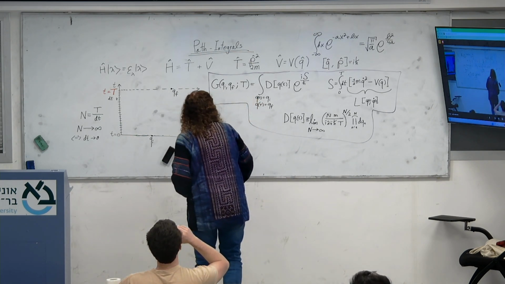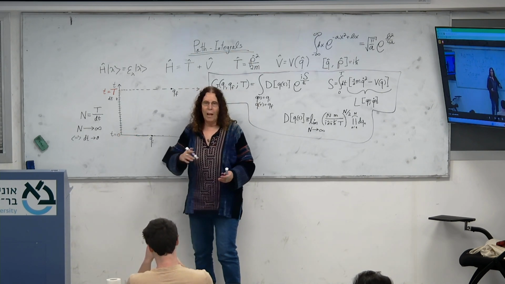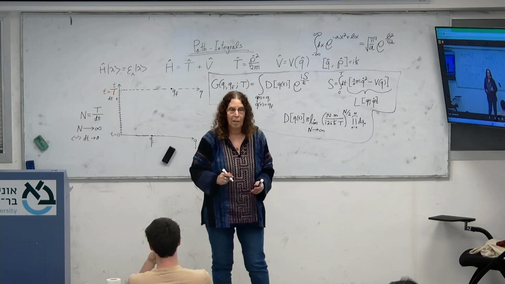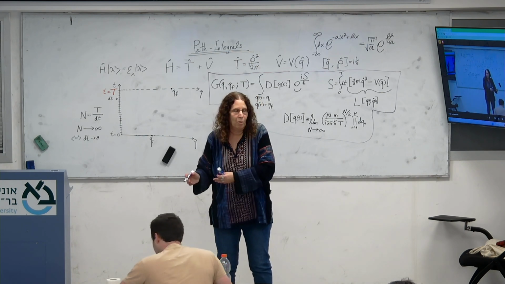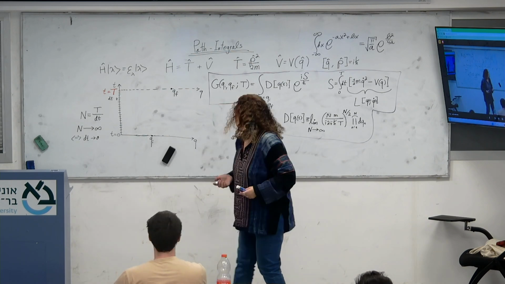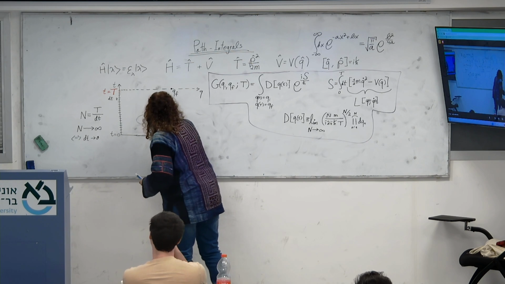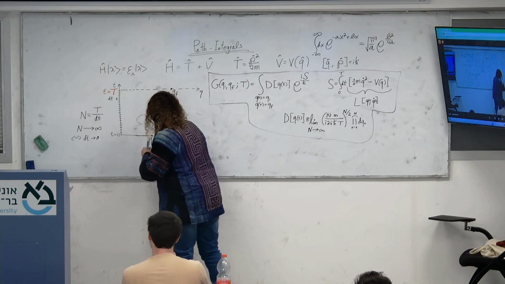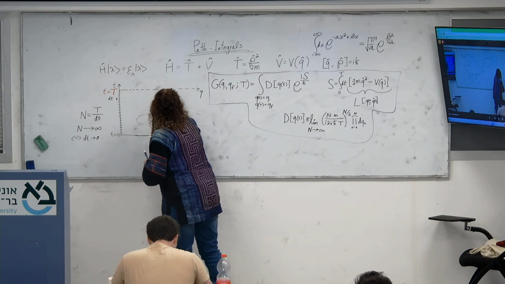And that's true for any time, but the time evolves continuously, and at each time we allow for Q to take any value. So what we're actually integrating over, we're integrating over all possible trajectories that will take us from Qi to Qf.